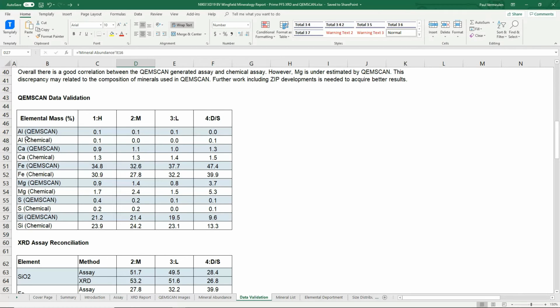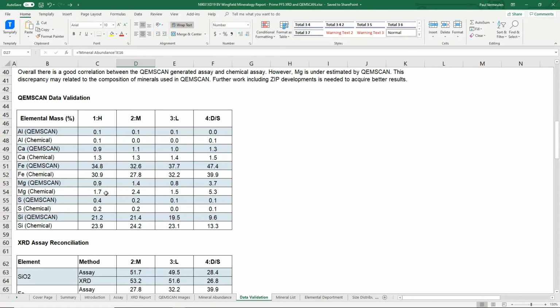So we have to revert to calling it aluminium. So the QEMSCAN aluminium for sample H, yes, that looks good. Calcium 0.9, 1.3 between the QEMSCAN and the chemical analysis of the head, that's good. Fe 35 to 31%, slightly off, but you know what, it's in the range of 30 to 35%. I'm going to accept that.